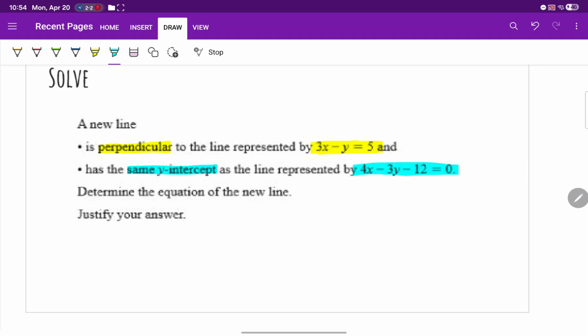So I think what this question is asking is for me to find the slope using the yellow highlighted equation, and find the y-intercept using the blue highlighted equation. No matter what the question is asking, what I have to do is put both equations into y equals mx plus b form. Okay? And so we're going to do that now.